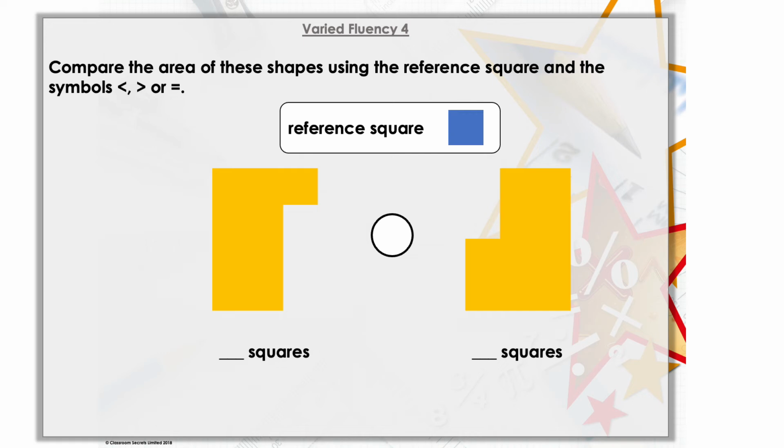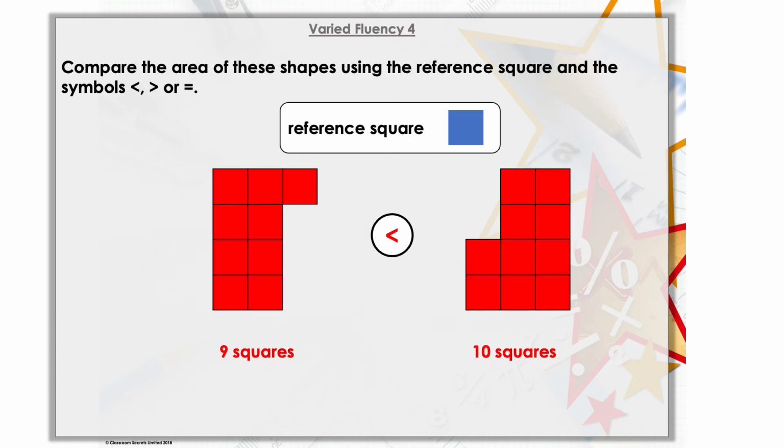And then see which of those symbols you would need to use. Okay, so I thought it would be 9 squares and the second shape being 10 squares. So we have 9 squares is smaller than the 10 square shape.